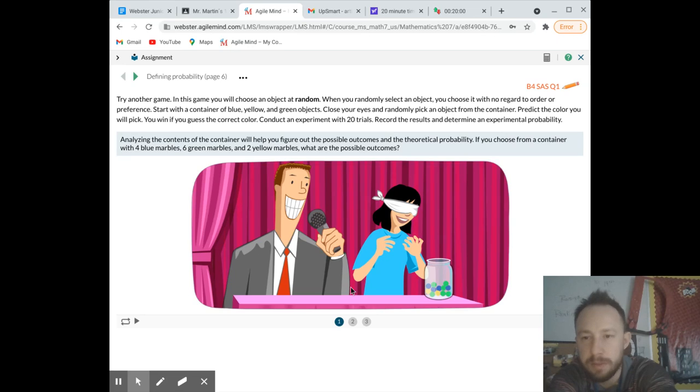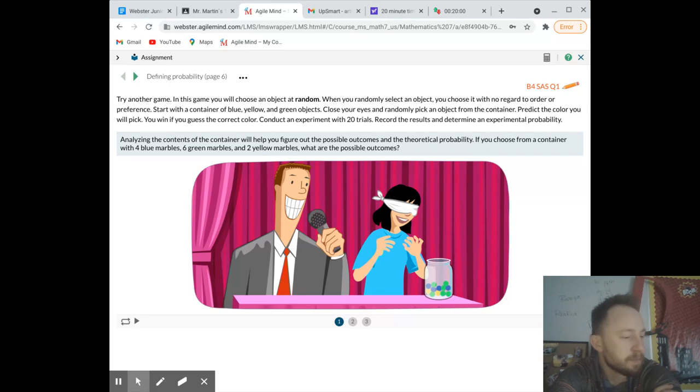What are you thinking? Yellow and blue. Okay. Yellow. Okay. So what do you think we could do to be at a more exact figure? What would I have to do? Do more trials. Yeah, we'd have to do a lot of trials.